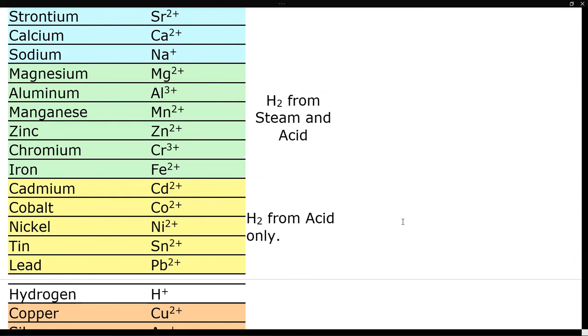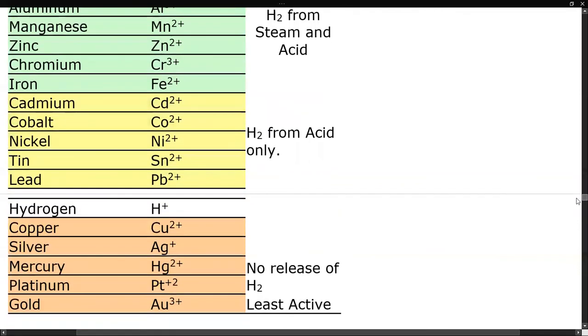Notice that's only slightly more active than hydrogen. So anything above hydrogen on the activity series will displace hydrogen gas from an acid. Everything below that, and that sort of pinkish color, I guess, has lower activity and therefore will not displace hydrogen gas from an acid. And that's how the activity series works. Anything above it will displace anything below it.